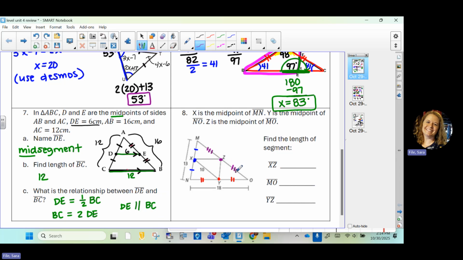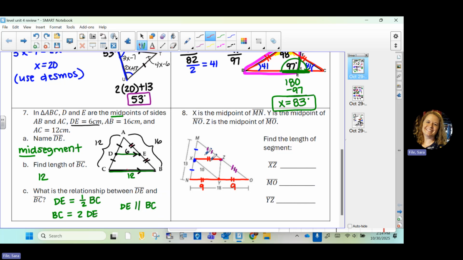Now what we learned is that the mid-segment is parallel to the third side. So here I'm going to do this in red because it's running parallel to this side, right? Since that entire length is 18, what is each half? 9. And since the mid-segment is half the length, that mid-segment is 9 also.